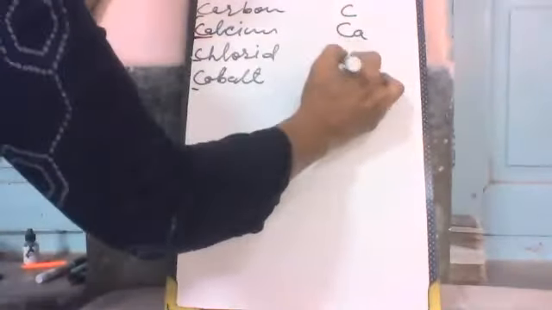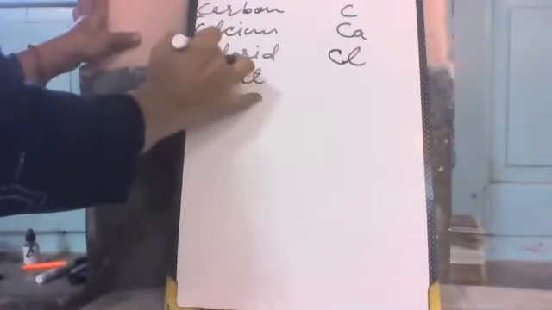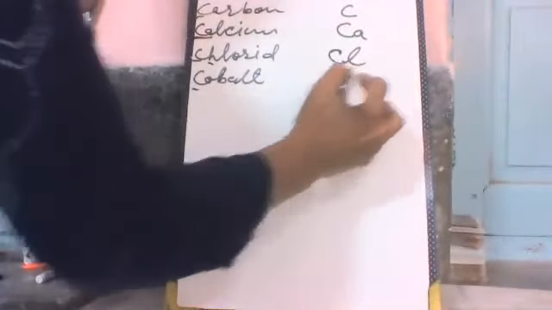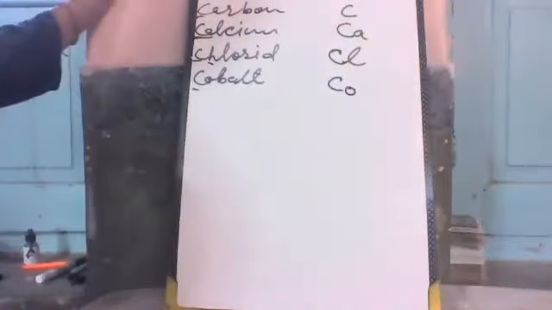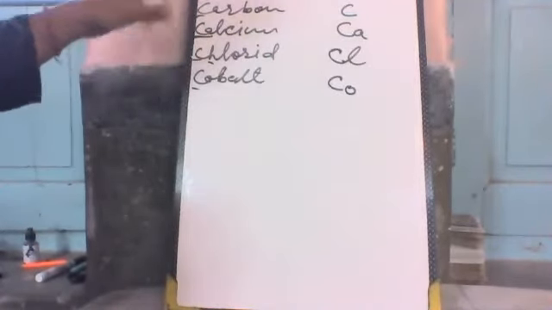Chlorine starts with Cl: C is capital and l is small. Cobalt is Co: C capital and o small. These are the symbols derived from the English name.